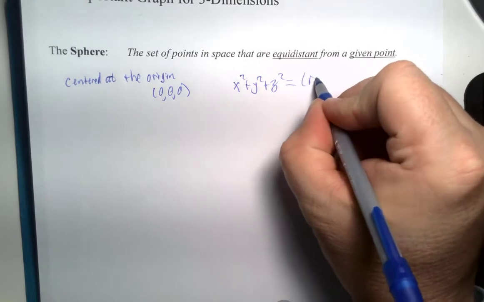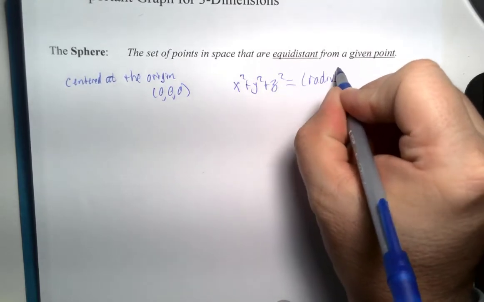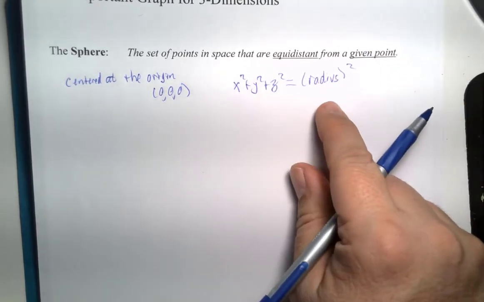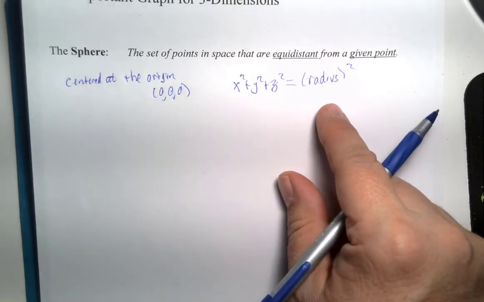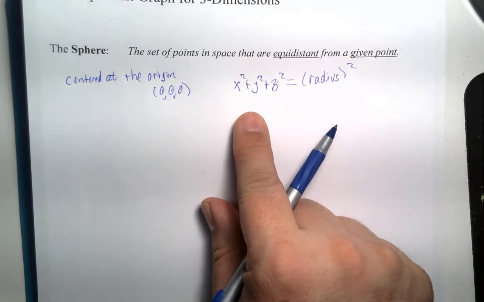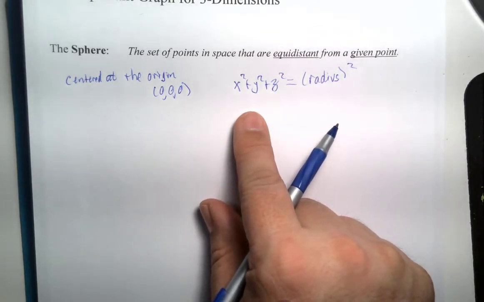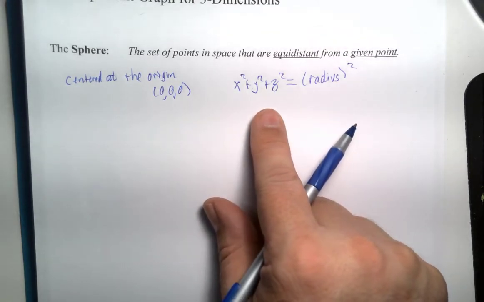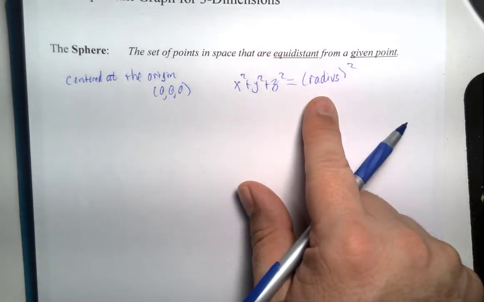the radius is squared. The equation of a circle was always a variation of the distance formula, so the equation of a sphere is also a variation of the distance formula. So radius, now what symbol should we choose for radius?